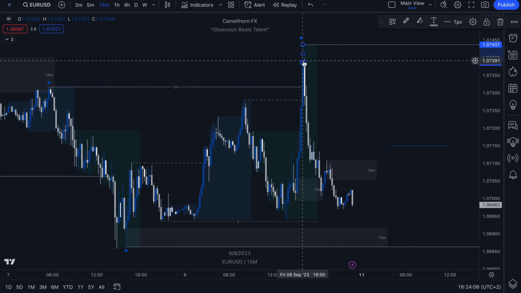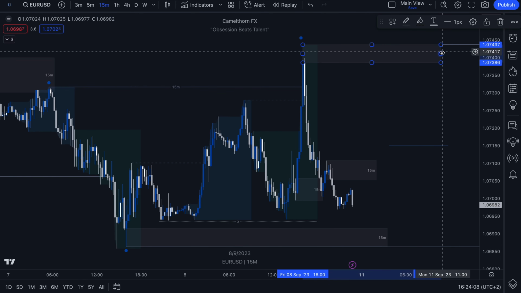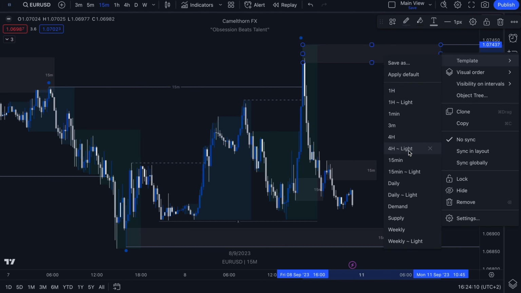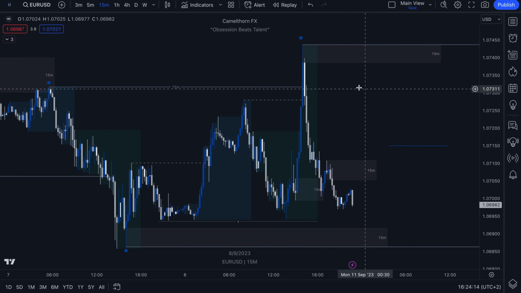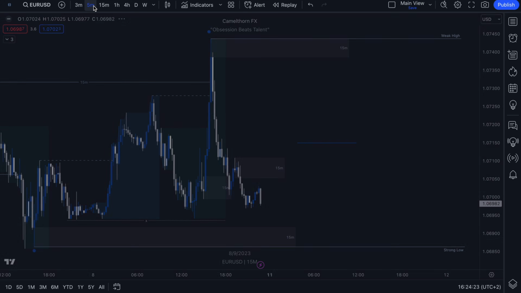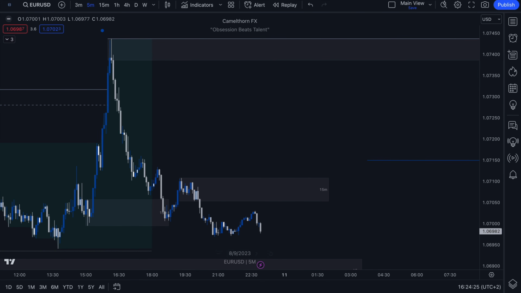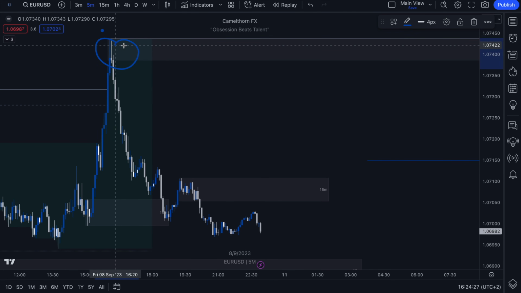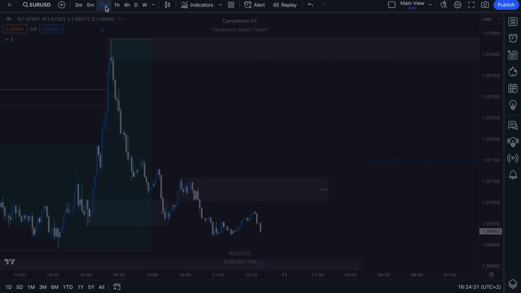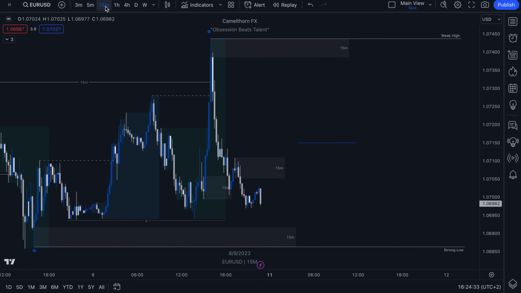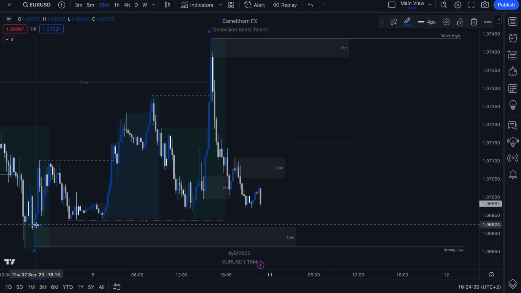If we were to mark out this wick zone up here, you'll notice that we don't have any apparent imbalance just below that zone. However, if I drop down to the 5-minute time frame, you'll notice that just below that wick zone, I do have some imbalance. So if you use a wick zone as a supply or demand zone, do know that there is going to be imbalance just above the area. It's just that you won't be seeing it on that particular time frame.